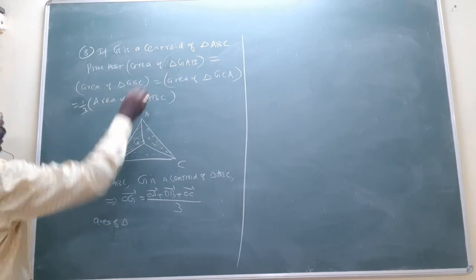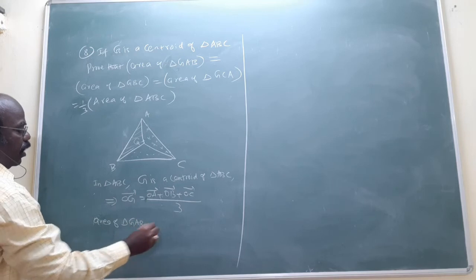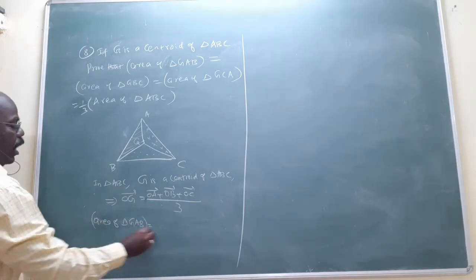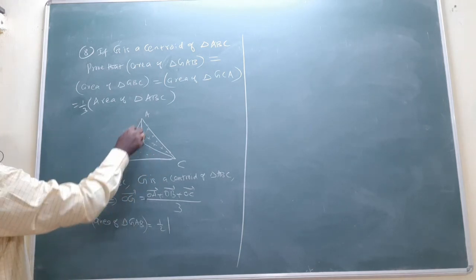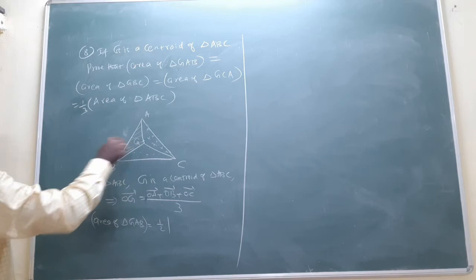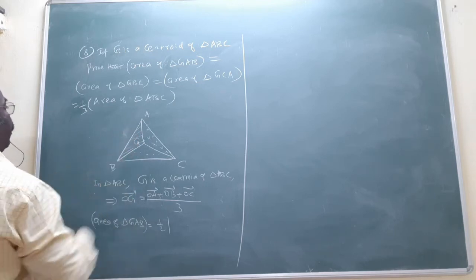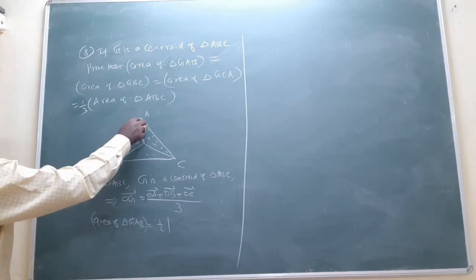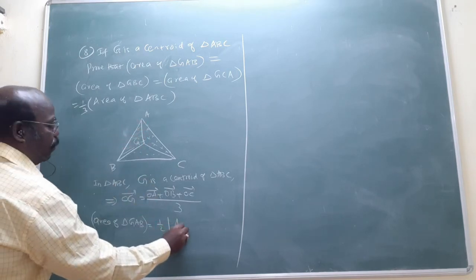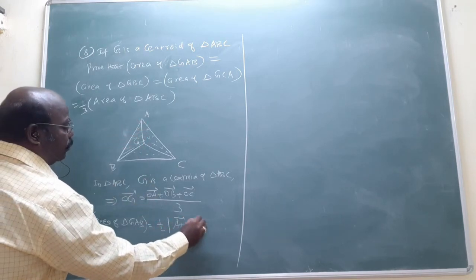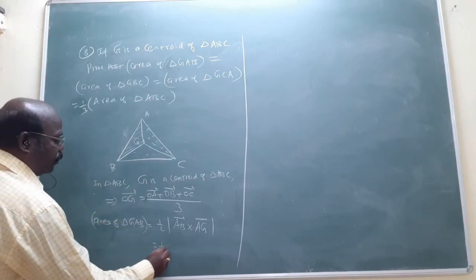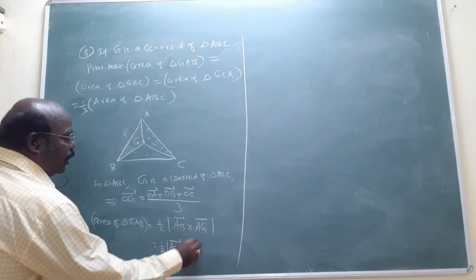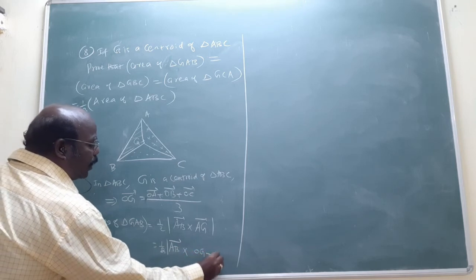Now I start with the first one, area of triangle GAB. What is the formula? Triangle formula is half into cross product of two adjacent sides. For GAB, that's why half into AB cross AG. This is the formula for our first triangle. Then AB can be written as AB only. Next, AG can be written as OG minus OA vector.